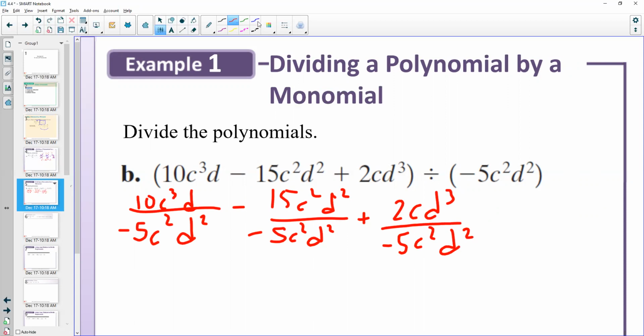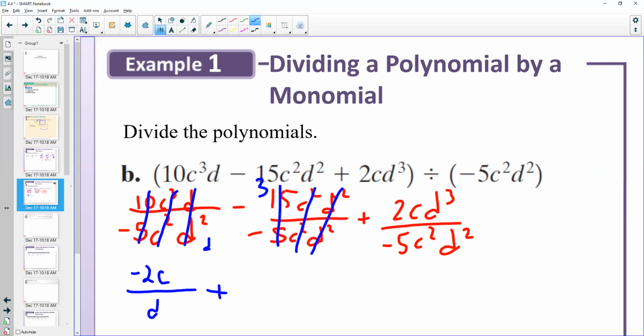Now I'm going to simplify just like I just did. That guy becomes negative 2. I'm left with a c, and I'm left with a d, but the d is on the bottom. Minus, well, minus minus makes plus. So those become a 3.